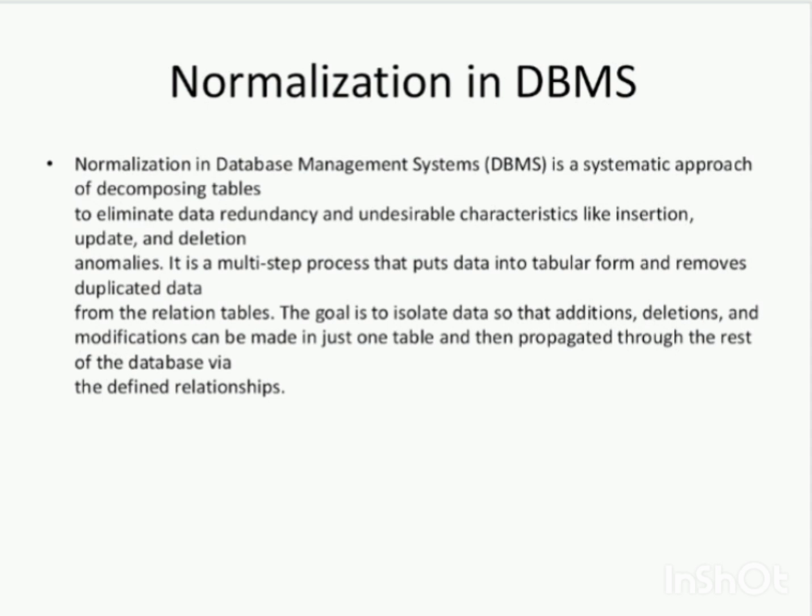It is a multiple-step process that puts data into tabular form and removes duplicate data from the relation table. The goal is to isolate data so that additions, deletions, and modifications can be made in just one table and then propagated through the rest of the relations.